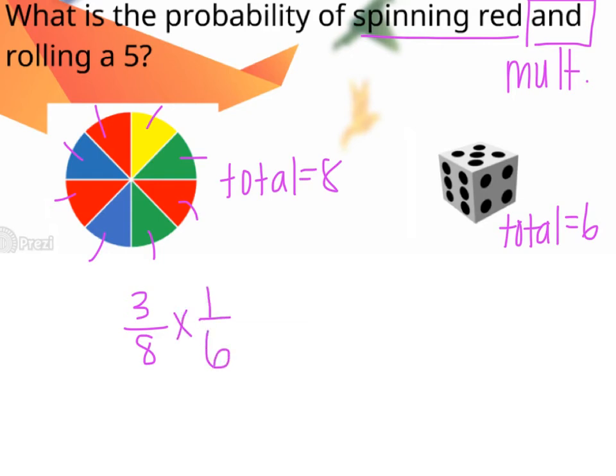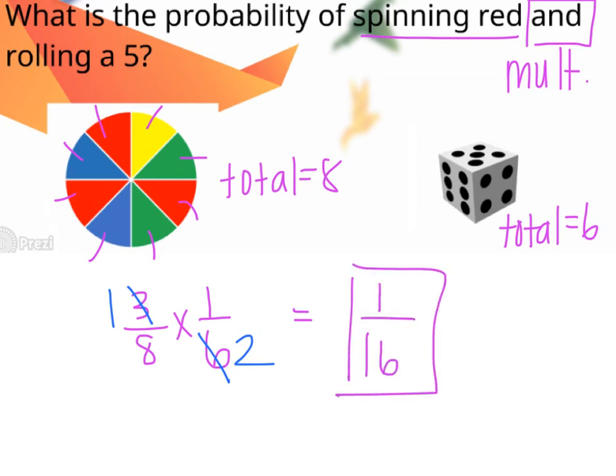I can cross simplify on this one. The 3 and the 6 have a common factor of 3. 3 goes into 3 one time, and into 6 twice. So when I finish this out, I have a 1/16 chance of spinning a red and then rolling a 5.